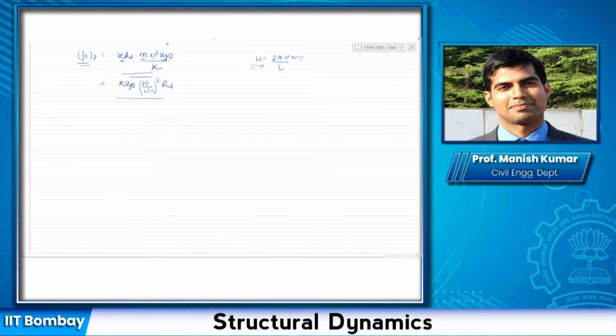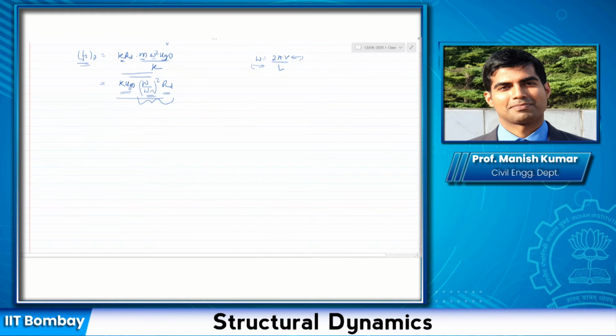I have Rd multiplied with omega by omega n square. Some of you might think, as I pointed out last class as well, that the maximum would occur when Rd becomes Rd max. However, that is not true because I have the variable here as well.